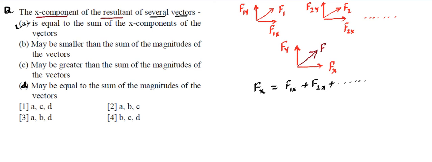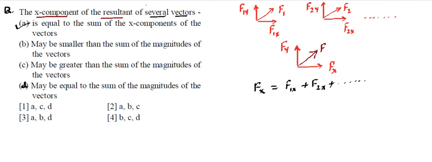The statement given in A is correct. Making sense? B says this number Fx may be smaller than the sum of magnitudes of the vectors. So vectors F1, F2, F3, if we sum the magnitudes of these vectors, we need to claim whether Fx is going to be equal, or whether this may be smaller.